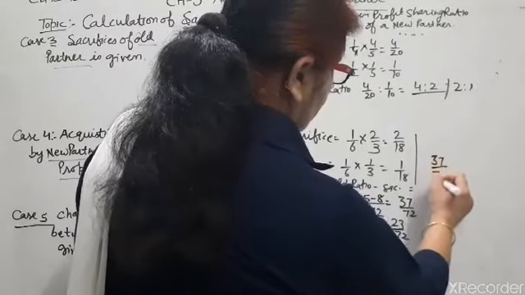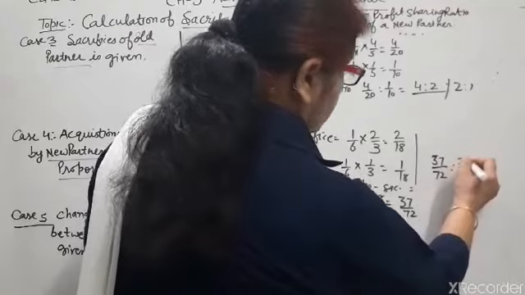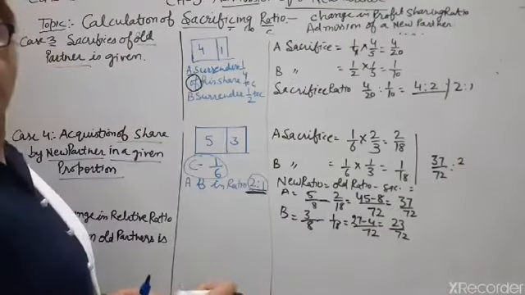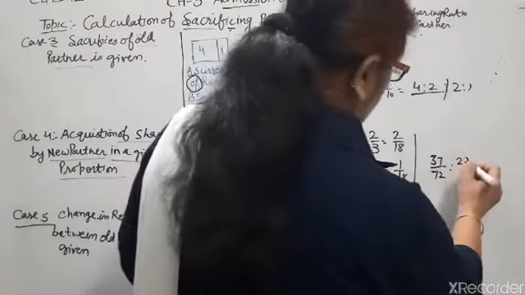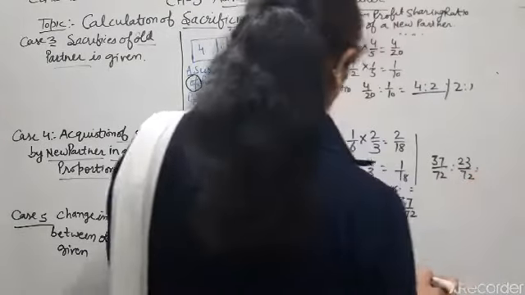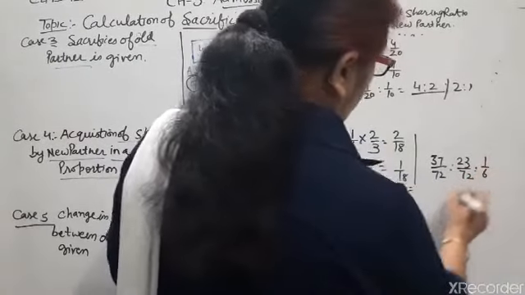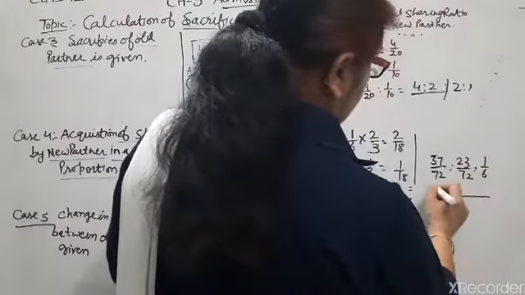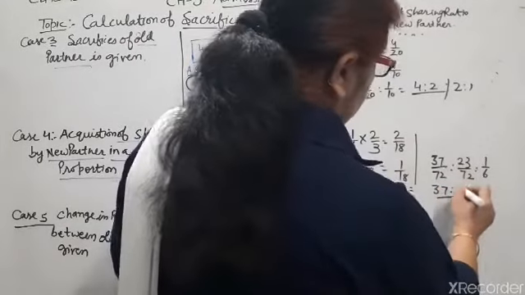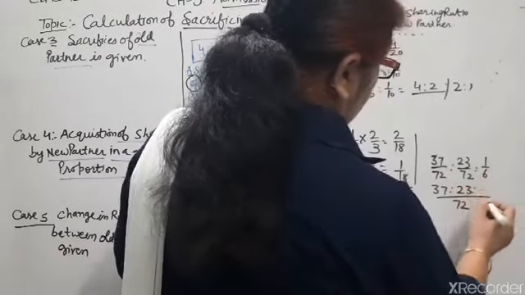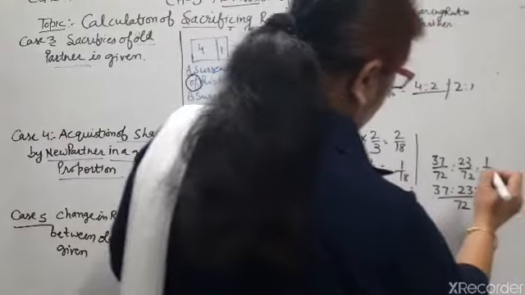Then C's share is 1 by 6, LCM is 72, so 37:23:12.